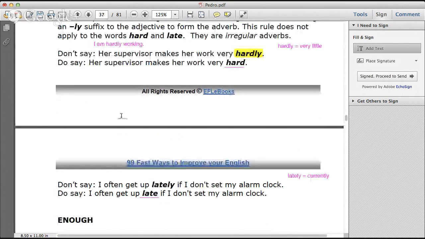Okay, so we're going to switch off one by one. Let's go to Javier. Javier, let me have you create a sentence using the adverb hard. This work. Yeah, that'll work.